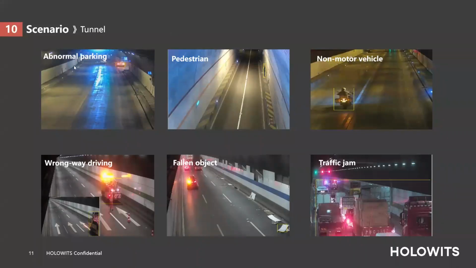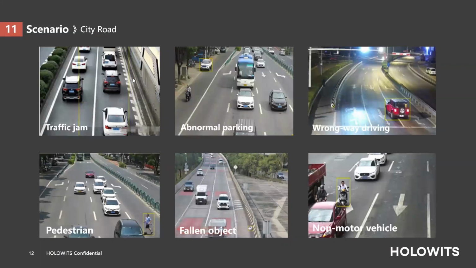For the tunnel, we can also detect these kinds of incidents, like no parking and no pedestrian or non-motor vehicle. This is very useful in tunnels because tunnel incidents are very easy to occur, and you need to manage tunnel efficiency to avoid any accident. This is for the city road. It's similar to the highway or the tunnel. All these algorithms can be used for highways, city roads, or tunnels.